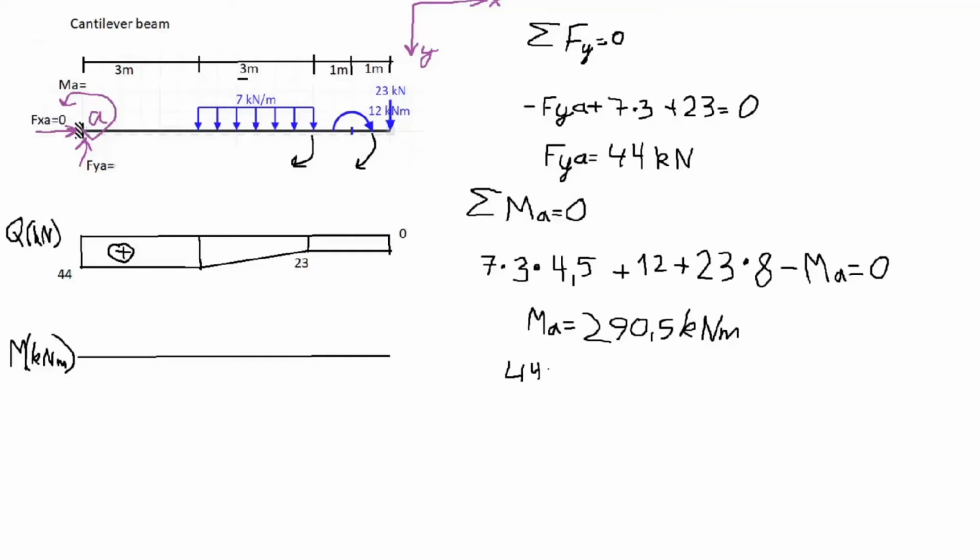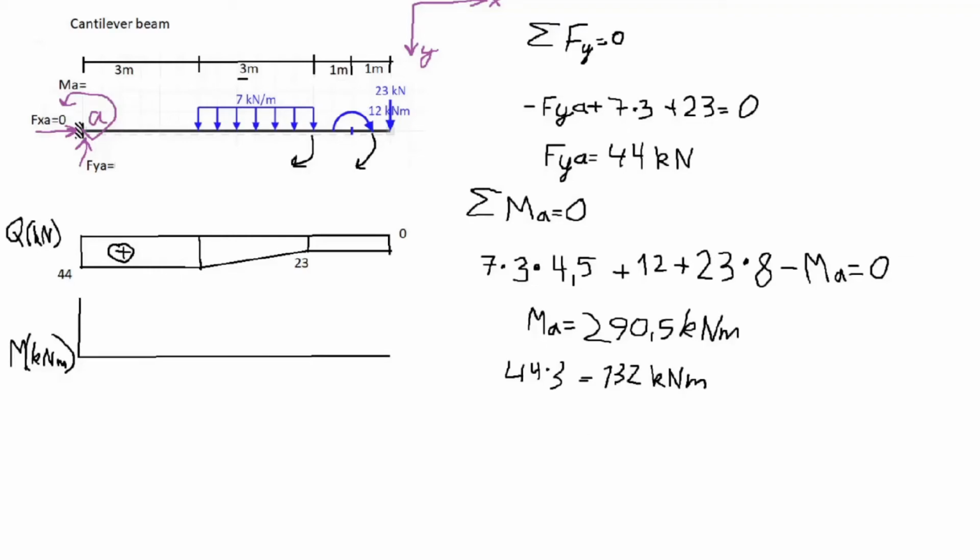Therefore, firstly we have this reaction moment, which is equal to 290.5 kilonewton meters, and right after that we have this square. In the shear force diagram we have this square which has a height of 44 kilonewtons and a base of 3 meters, and this will give us a 132 kilonewton meter moment.